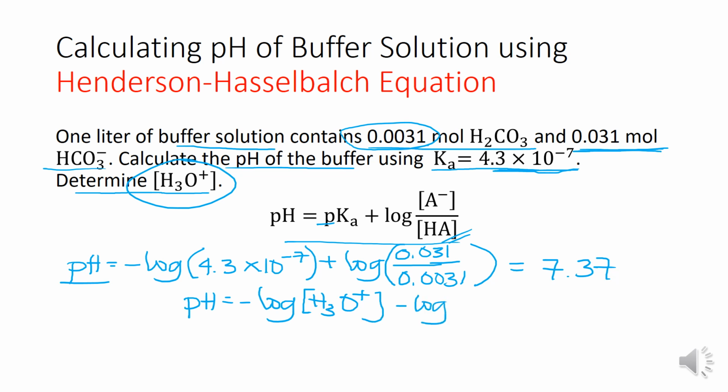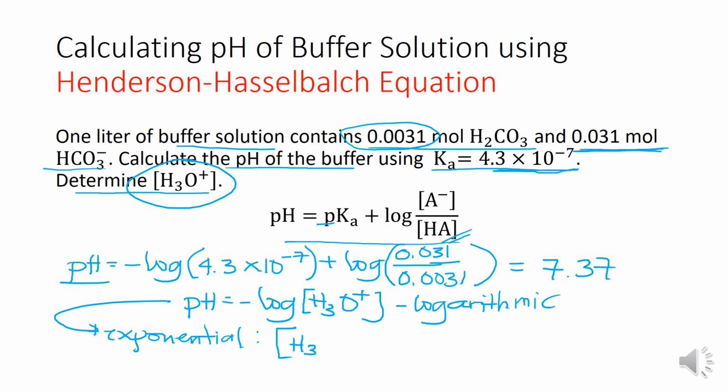To calculate the concentration of hydronium ions, we have to use the inverse of logarithmic, which is exponential. The corresponding exponential expression is that the hydronium ion concentration is equal to 10 to the negative pH.